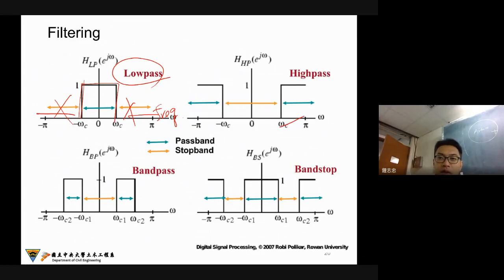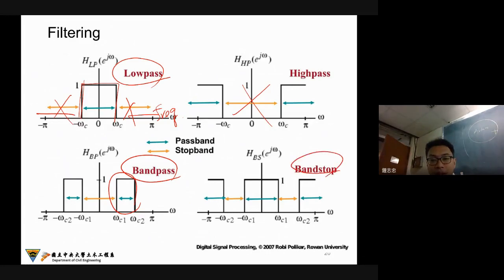Inversely, of course, we can use the high pass. Only high frequency passes, but the lower frequency part is deleted. Or we can use the band pass for a specific range of the frequency domain. And of course, the band stop. This is the same idea.